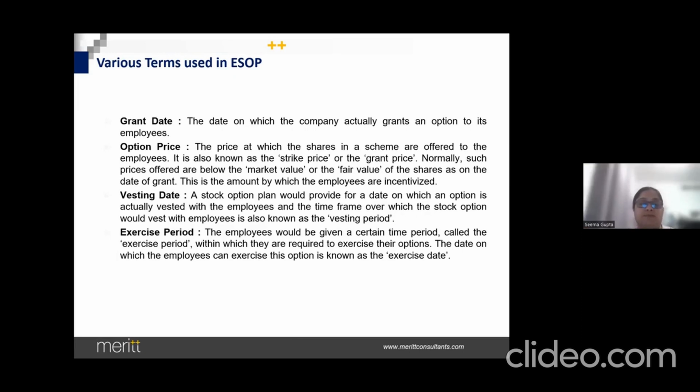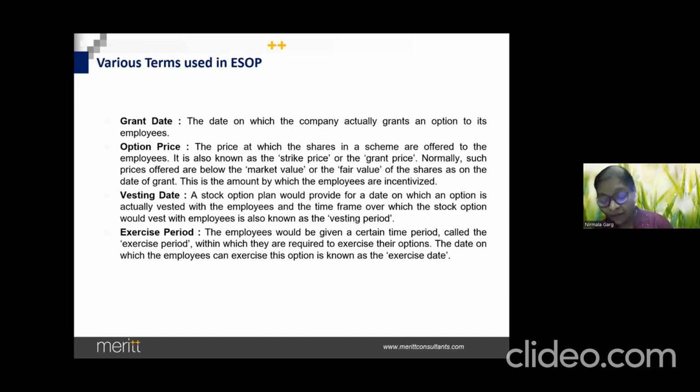Now, when we talk about stock options, how does the process work? You are given a letter, which is also called a grant letter, because you are an employee who's a top performer, who seems to be doing very good work, and I want you to be retained in this organization. So I'll say, hey, here is an option.